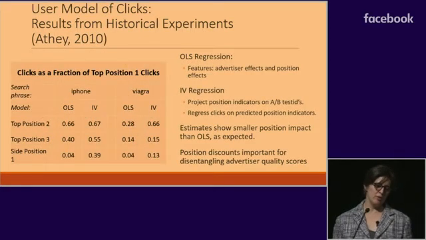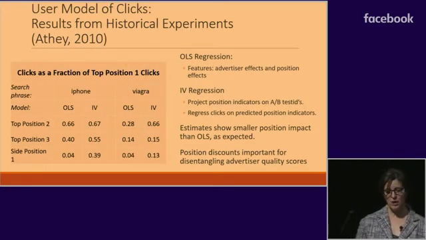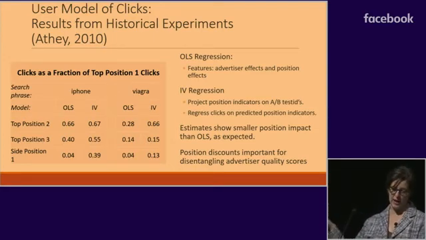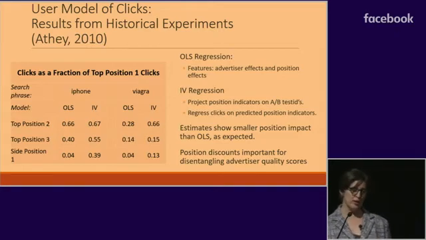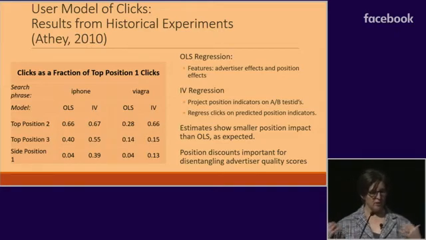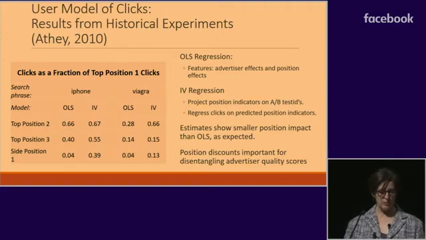One of the experiments I ran when I was at Microsoft was, again, trying to look at the impact of being in higher positions for ads. Here are two queries, iPhone and Viagra. These are two different queries that people would put into Bing, and each of these would show ads.